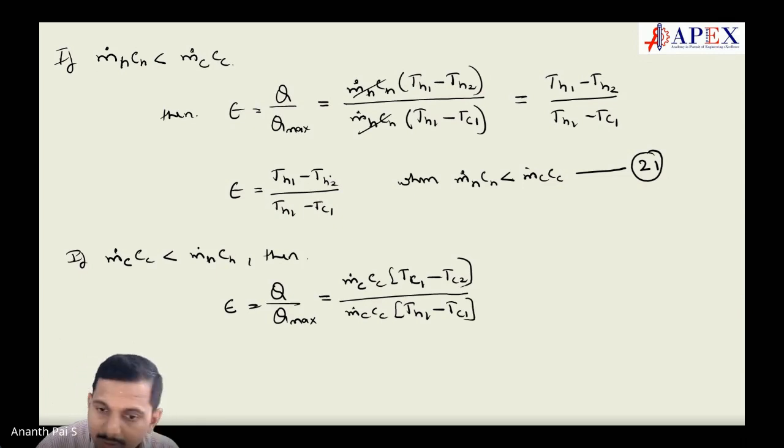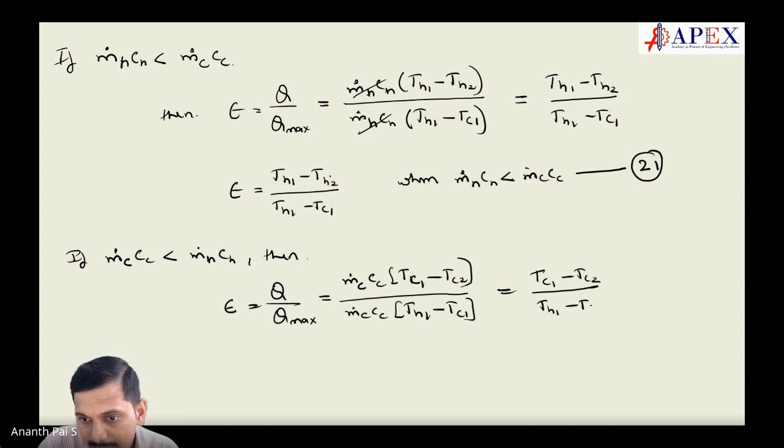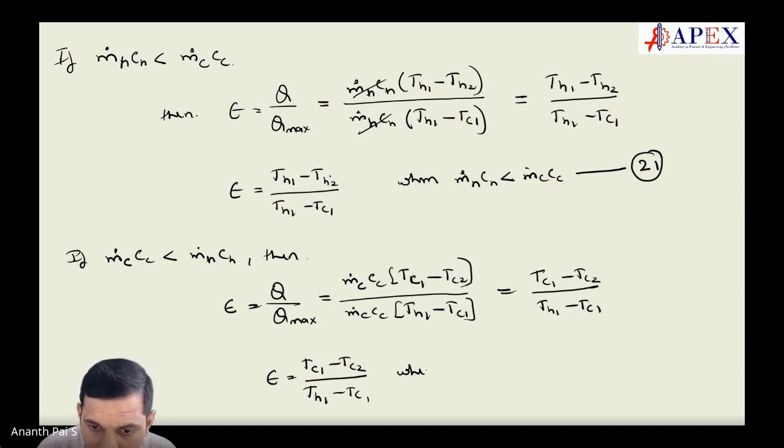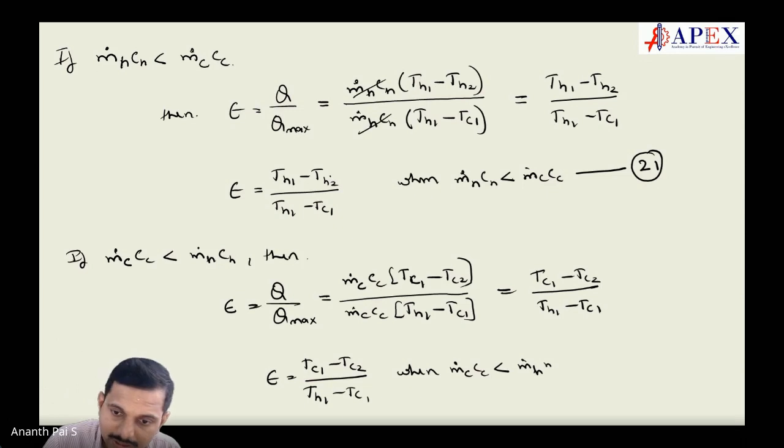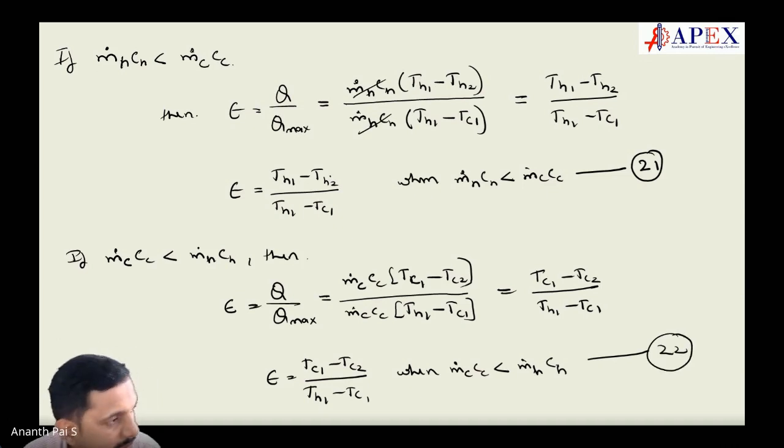So this can be written as (TC1 minus TC2) divided by (TH1 minus TC1). Makes sense? So epsilon equals (TC1 minus TC2) divided by (TH1 minus TC1) when m dot C C C is less than m dot H C H. Right, this is equation number 22.